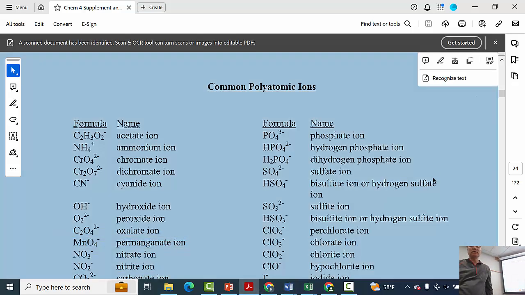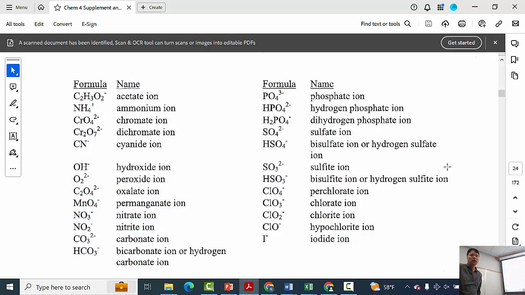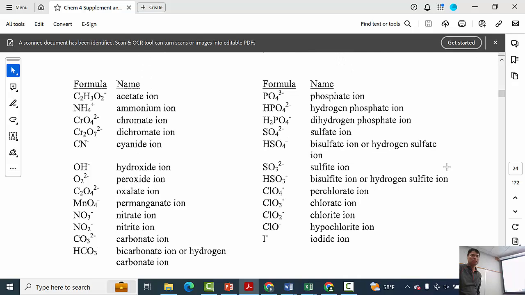What about these? What should we do with these? What we should do with these is there's another pattern based on the periodic table, but it's not in the supplement. So let me talk about that now.